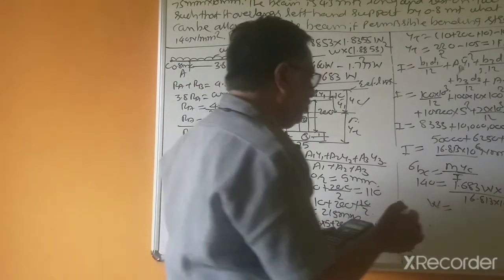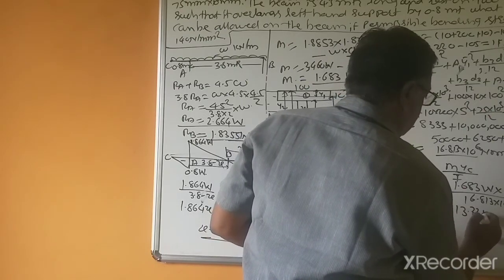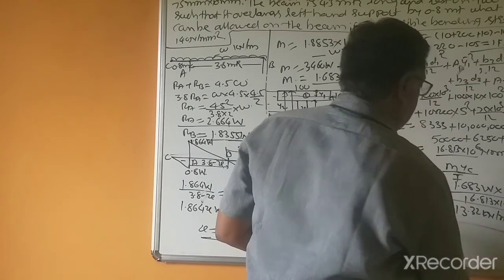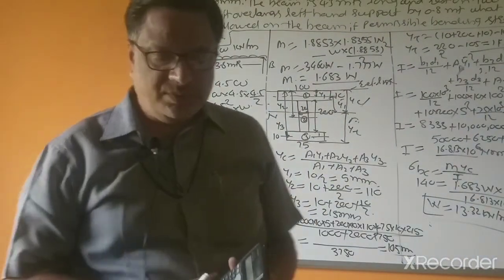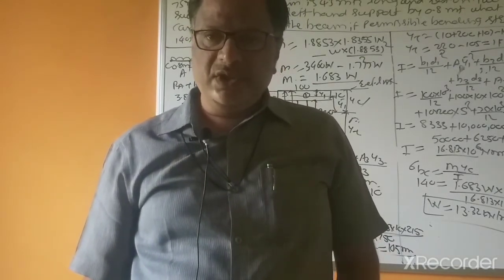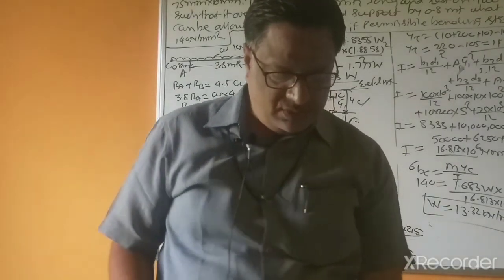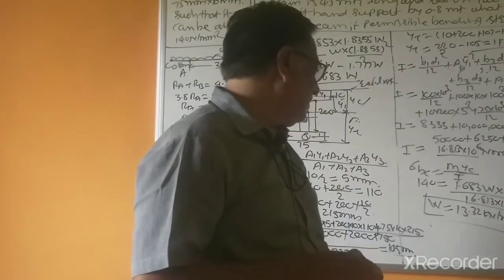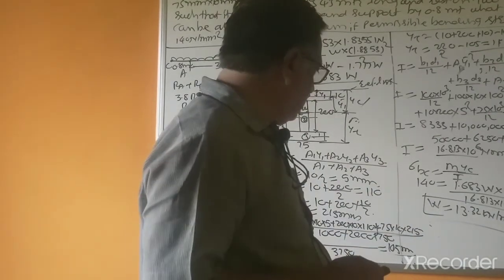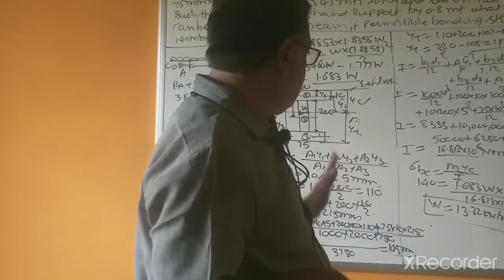So this is 13.32 kilonewton per meter load can be applied. So in the previous problems, the calculated value is the W, means UDL, kilonewtons, which you can convert in terms of newtons multiplied by meters. But this is UDL, means 13.32 kilonewton per meter. So this is the maximum uniformly distributed load that you can apply.